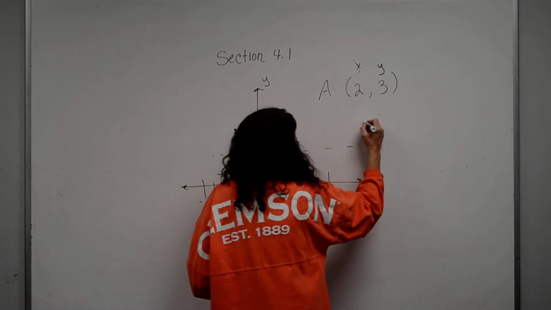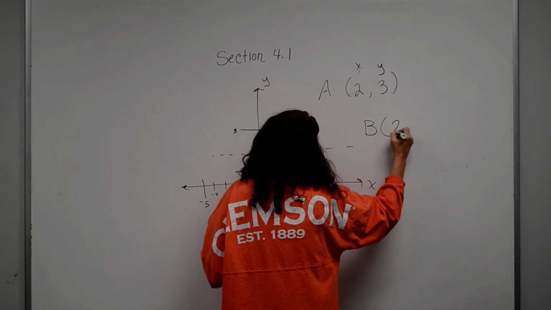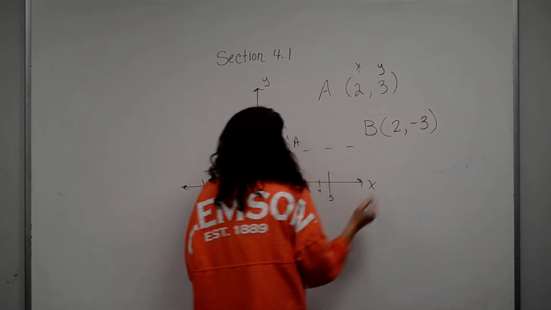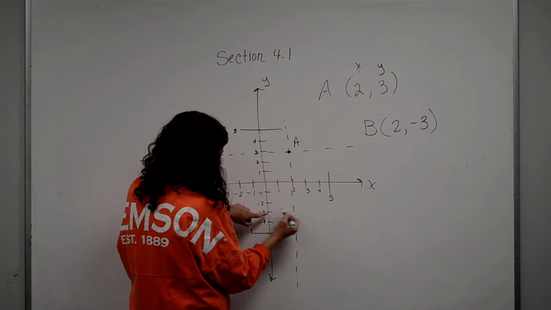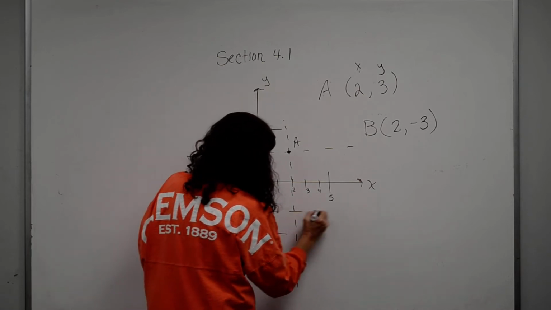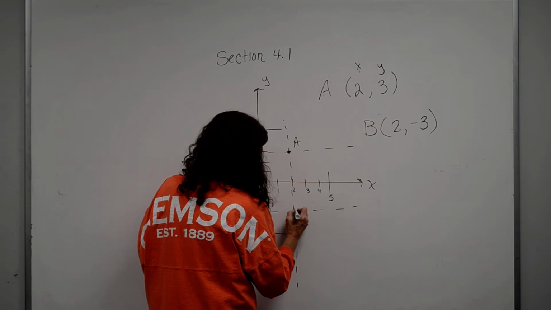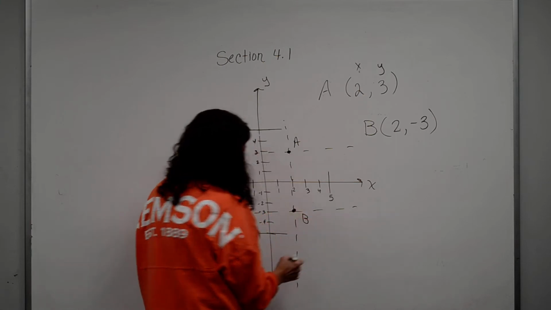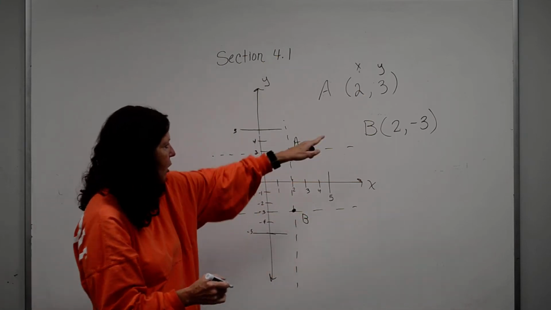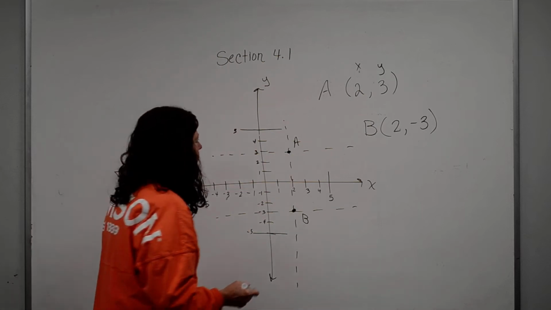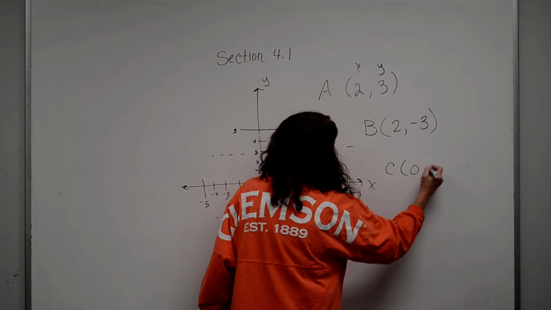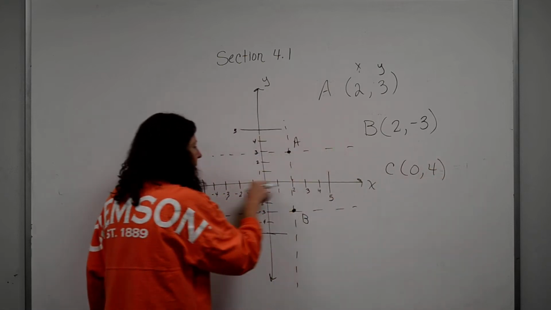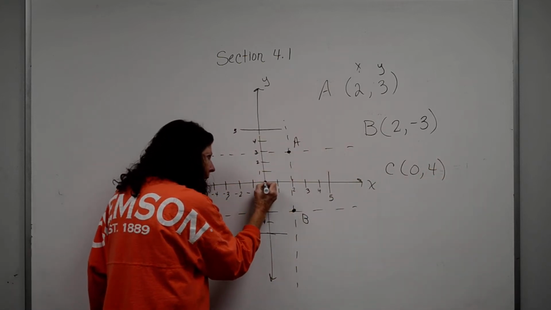If I had, however, the point 2, -3, I would find 2 on the x, and I would go down 1, 2, 3 on the y, and that would be that point of intersection. So that point right there is called 2, -3. If I have a C point and it says 0, 4, that means I find 0 on the x-axis.